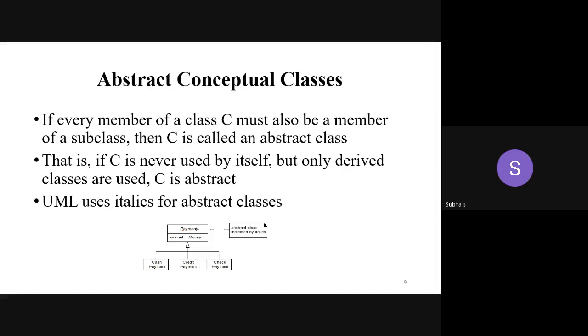Here, C is nothing but the payment class. Payment is the class, but actually that class is not used because it is divided into cash payment, credit, and check payment. I am going to use any one of these only, either cash, credit, or check. I am not going to use C, but through C I have derived these three classes. So payment is considered an abstract class.